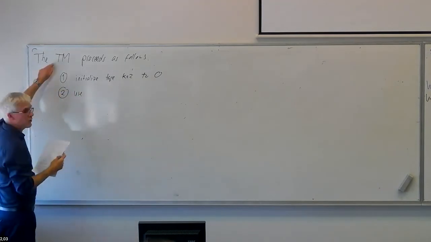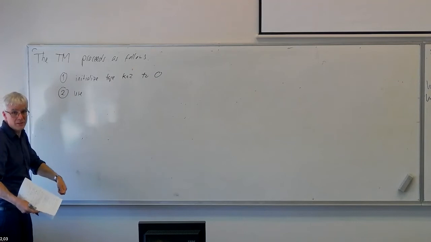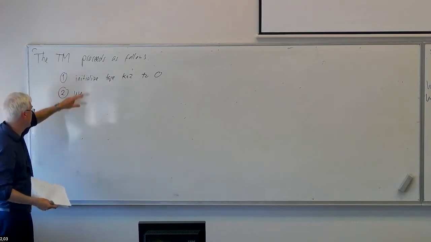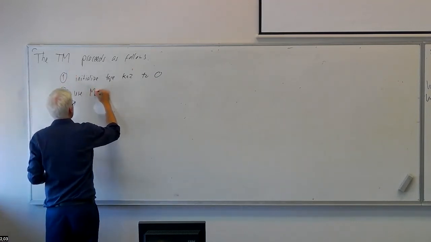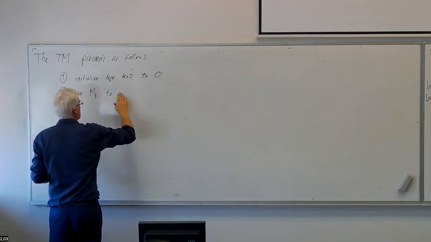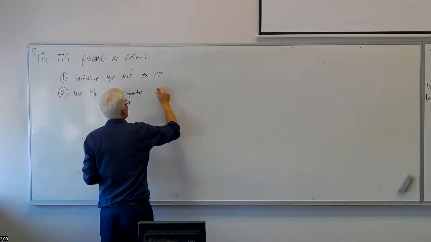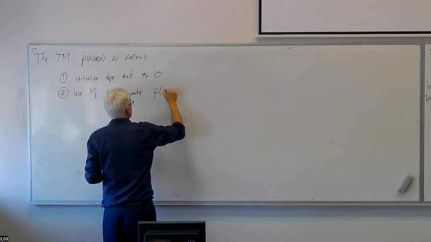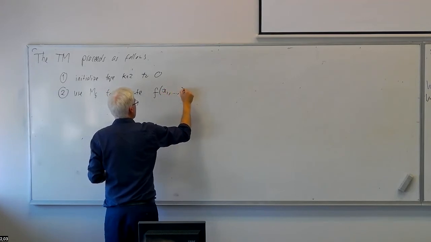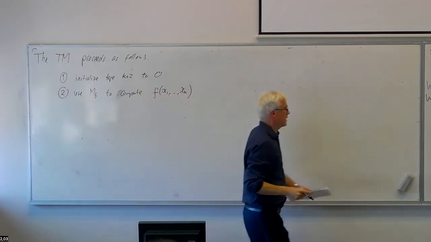The Turing machine we're defining is going to have the algorithm for MF in it and also the algorithm for MG, and combine them in the following ways. So it uses MF, the machine for f, to compute f of x1 through to xk, which are given on the k input tapes.